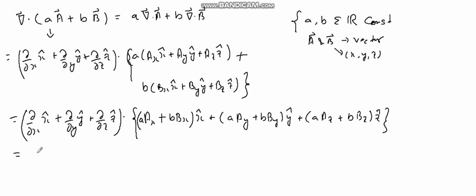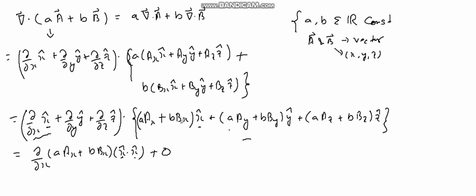Now taking the dot product, we are doing it like this: the x dot x. So this is the first x and this is the second x. In a similar way, when we take this operation with this, the derivative will act on this, but x dot y will give 0. In the same way, x dot z will give 0.